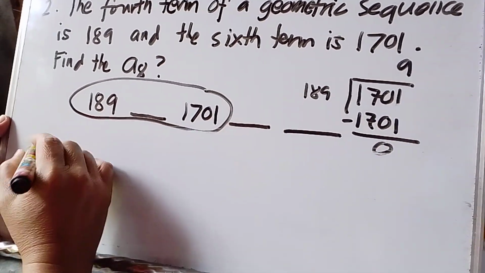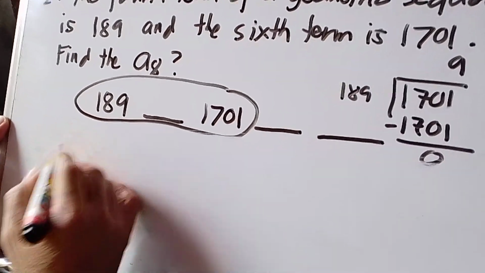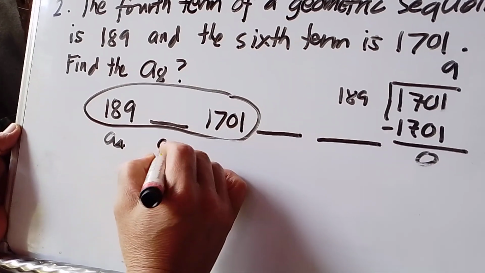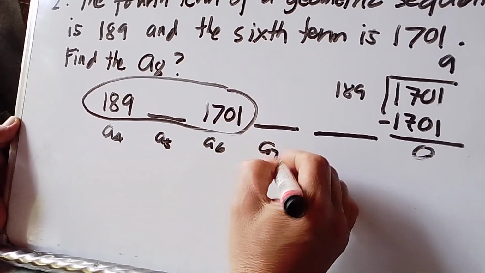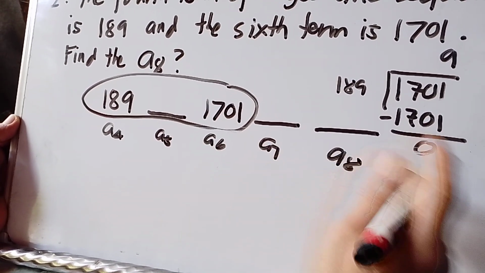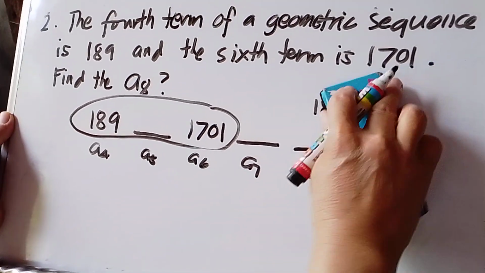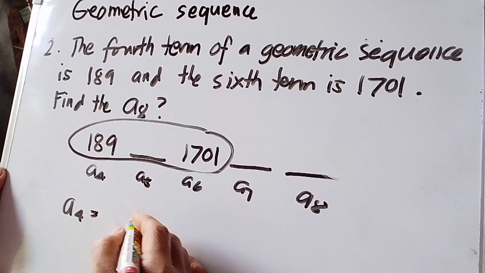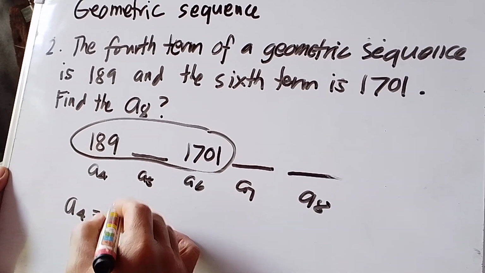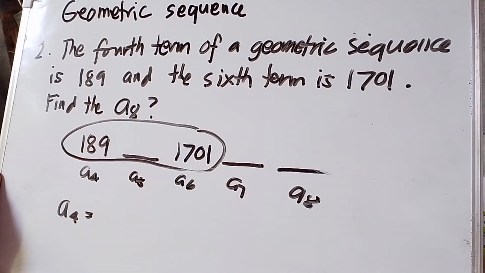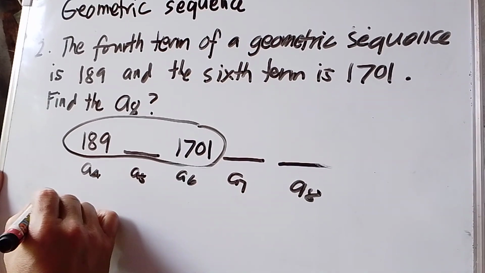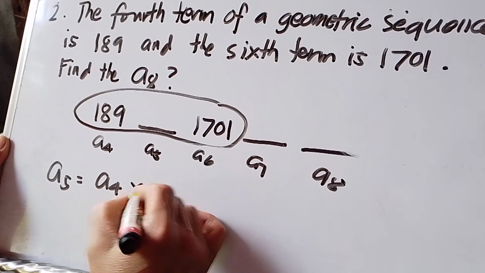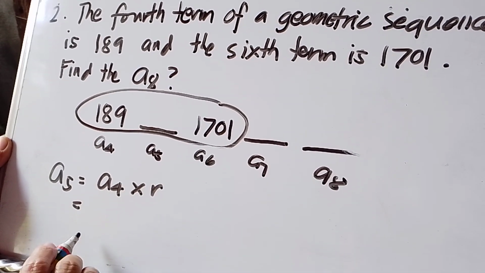Okay, so I have now my r. By using this, this is my A4, A5, A6, A7, and then this is A sub 8. So A4 is equal to, no, sorry, that is A5, I mean. A sub 5 is equal to A4 times R. So what is my A4?